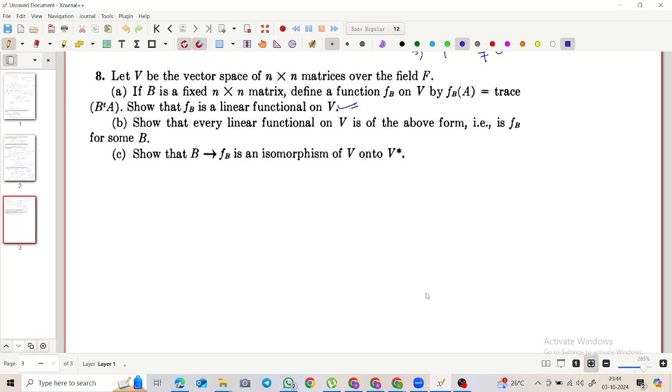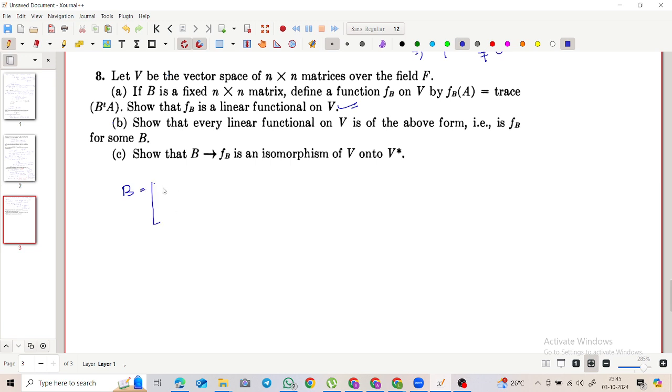So any linear transformation is basically trace of B transpose A. What is trace of B transpose A, by the way? First let's write down that.